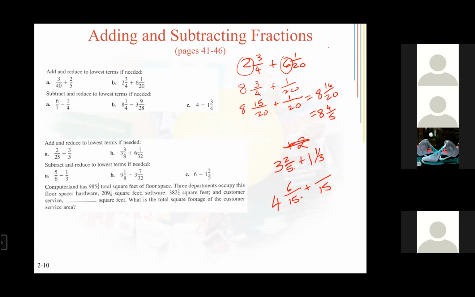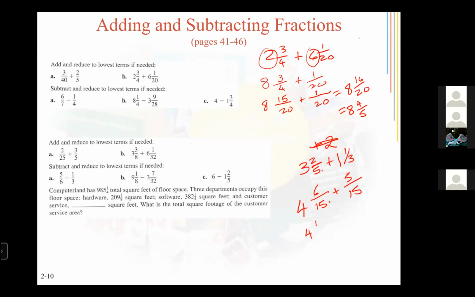And then the other one? That'll be 5. Okay, 5 times 3 is 15. 5 ones are 5. So when you add it up now, you're going to get 4 and 11 over 15.